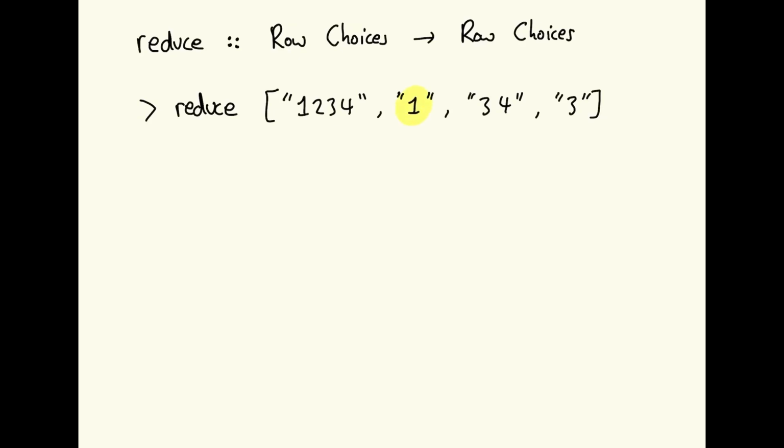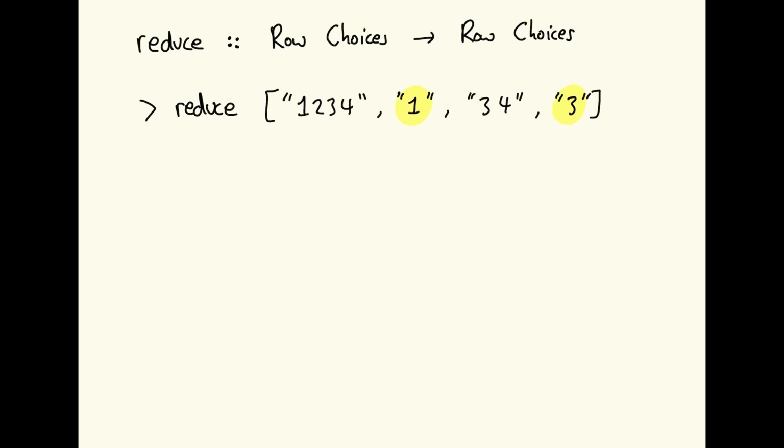So here we've got a single 1 and a single 3. And because we've already made the choice that this must be a 1 and this must be a 3, there's no point in considering the 1 or the 3 in the other entries. So we could eliminate those 1s and 3s from the other entries.